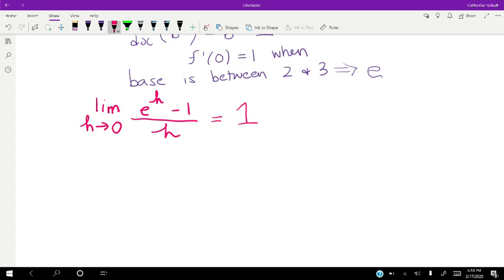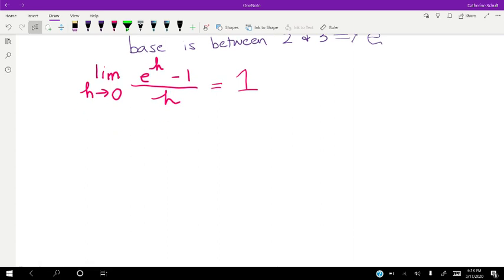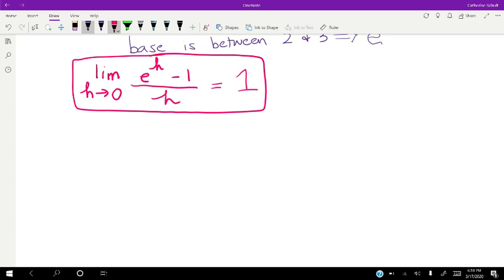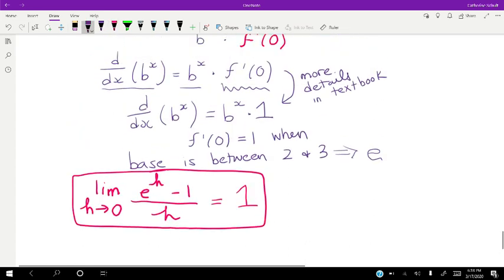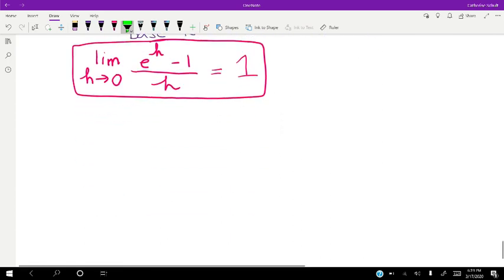Okay. So this is our first conclusion. That also means we can go back and substitute e for that base, and we have our second conclusion: the derivative of e to the x is equal to e to the x.